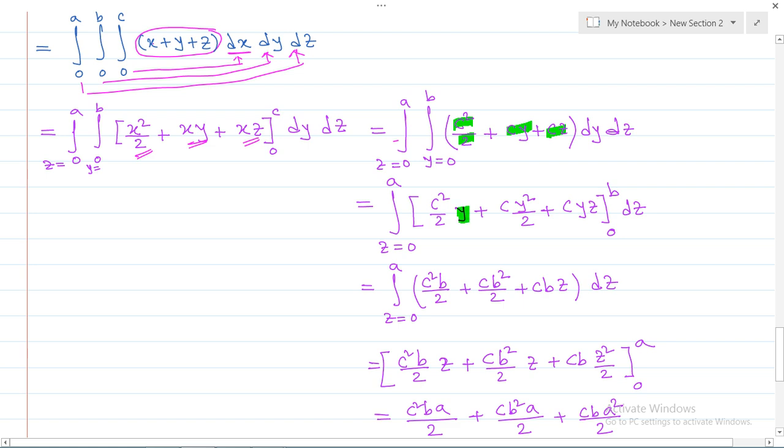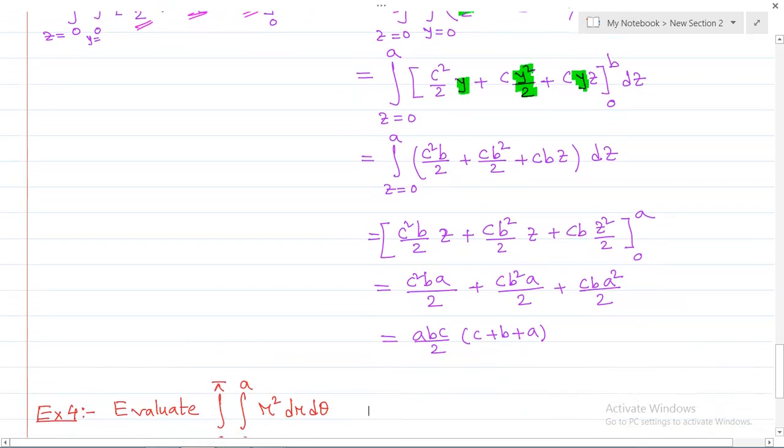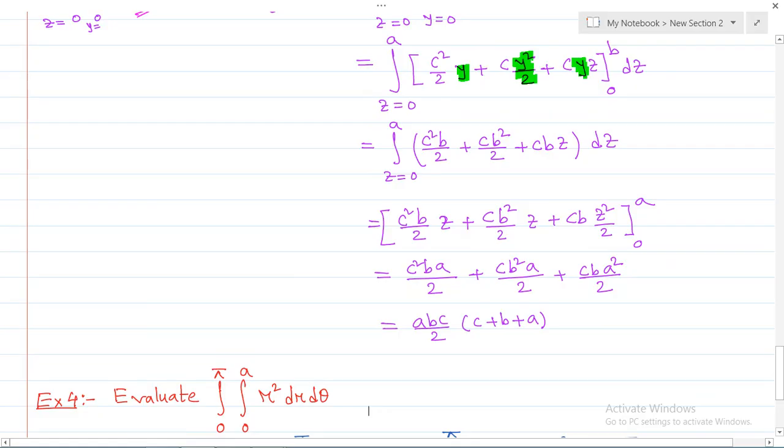Thereafter the y integration is y square divided by 2, and cz is constant with respect to y, so it will come cyz. Limit is 0 to b. Now we substitute the y limit. After putting the y limit, we get the value c square b upon 2 plus c b square upon 2 and cbz.